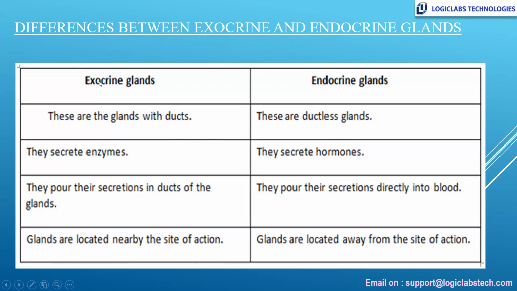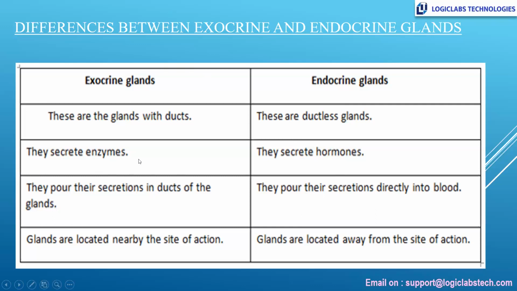Exocrine glands secrete enzymes, but endocrine glands secrete hormones, as we already discussed.